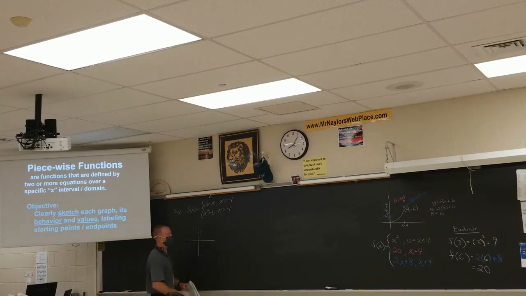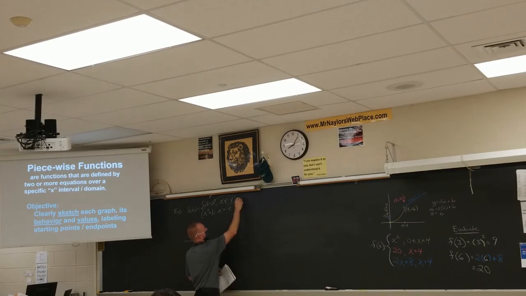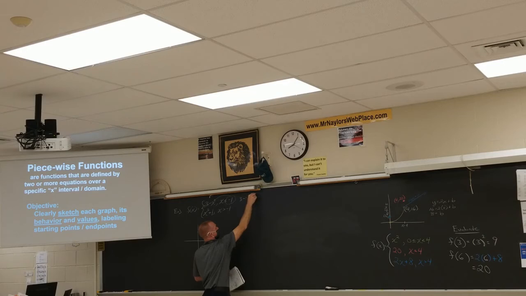Here's the crux of the problem. I want you to realize that -1 is a starting point or an end point. You can think of it either way. And that means that I should be investigating what happens if you plug in -1. I should be investigating what y value you get. Okay, now it's not hard math, but when you plug in -1, you get a value of 4.